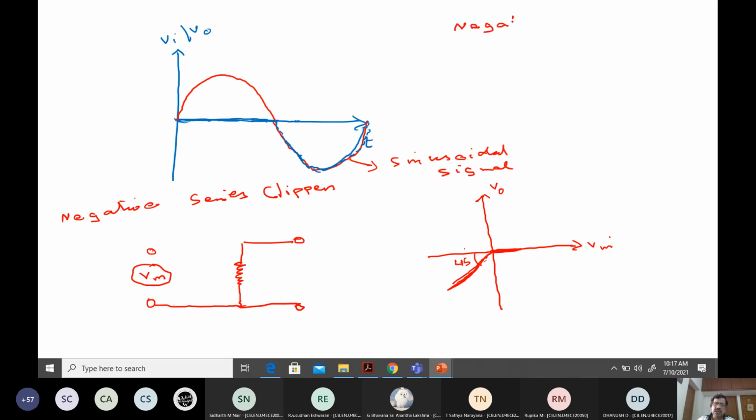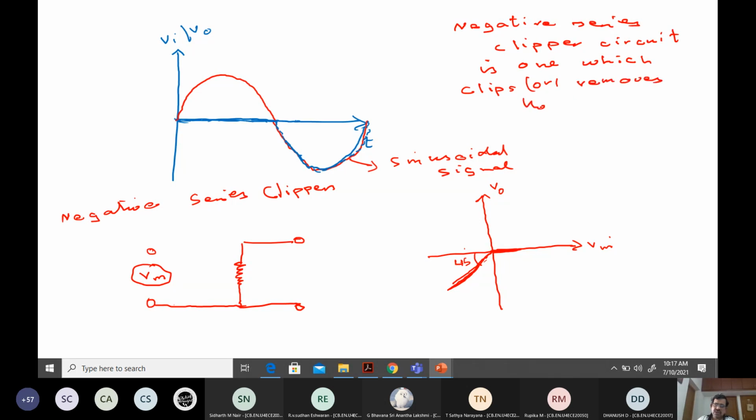Negative series clipper is a circuit which clips or removes the negative part of the input. I don't want the negative part to appear at the output.